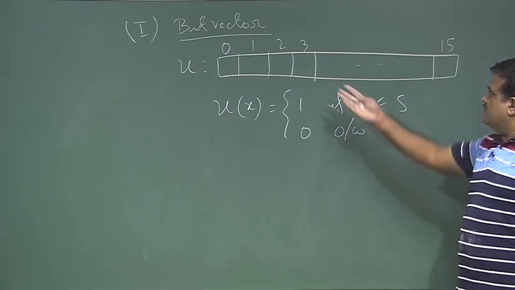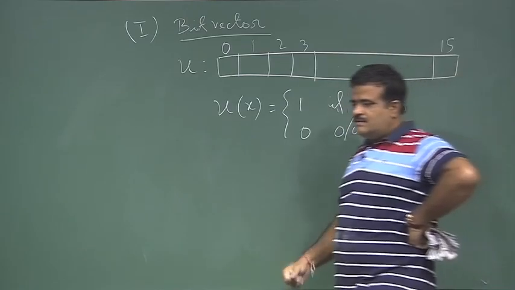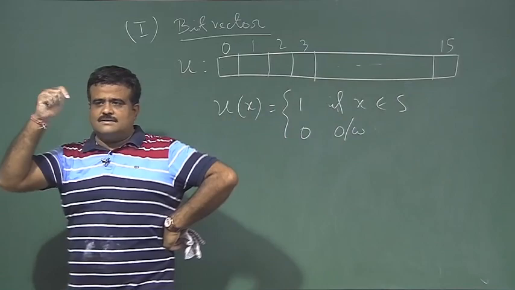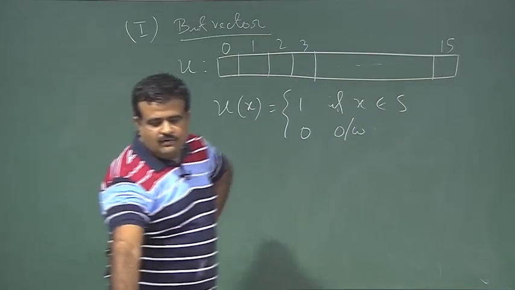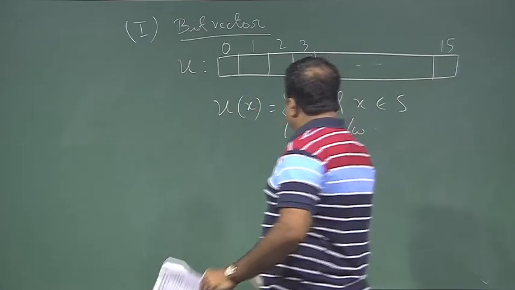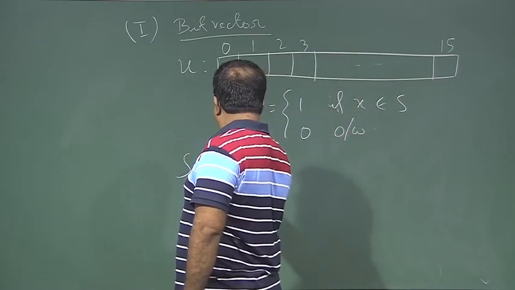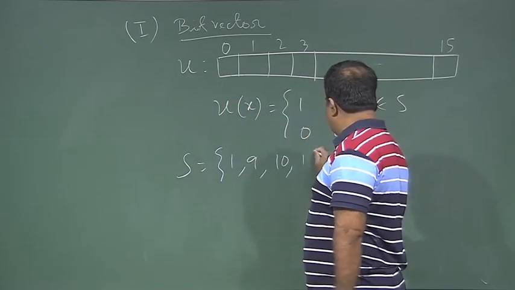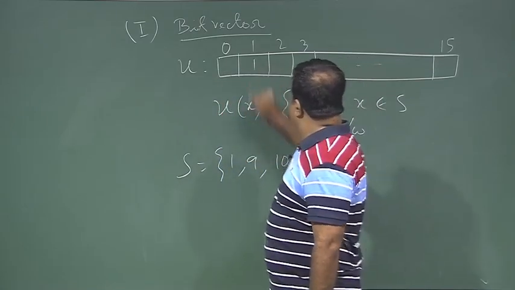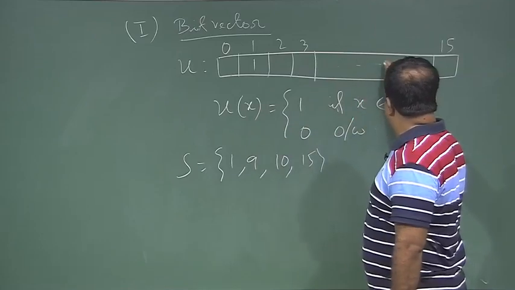Like these are rooms, if a person is there then we switch on the light of the room, otherwise we switch off the light. So, if our S is say 1, 9, 10, 15, then we have 1s corresponding to these positions.